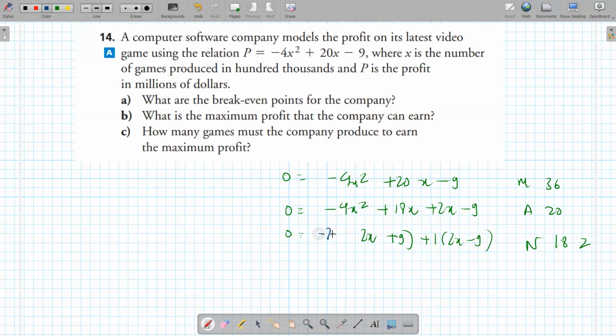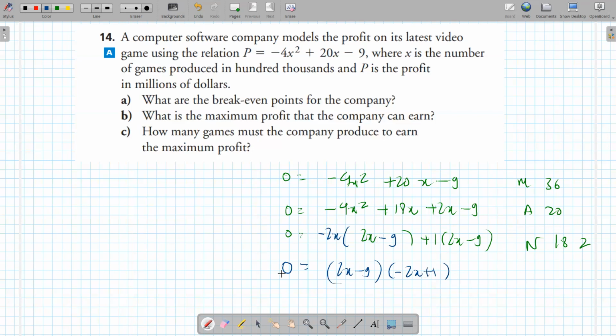If you pull out a negative 2x, you'll be left with 2x minus 9 here, right? Now you can solve this. So it's going to become 2x minus 9 times negative 2x plus 1 equals 0.